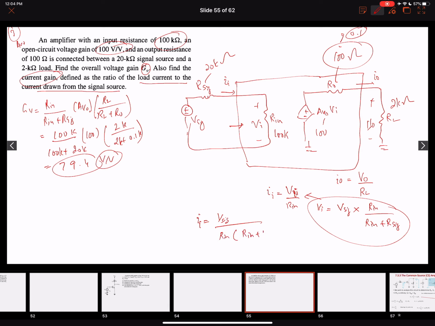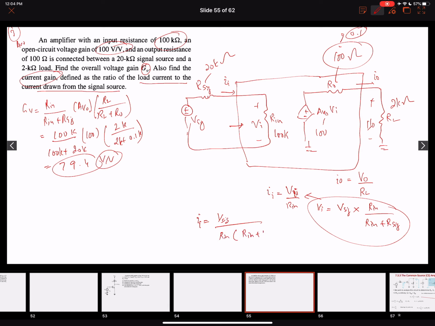So now I have to find the current gain, and the current gain is I naught over Ii. I naught was equal to V naught over RL, and Ii is V signal over Rin plus R signal. I can rearrange this equation as V naught over V sig times Rin plus R signal over RL.